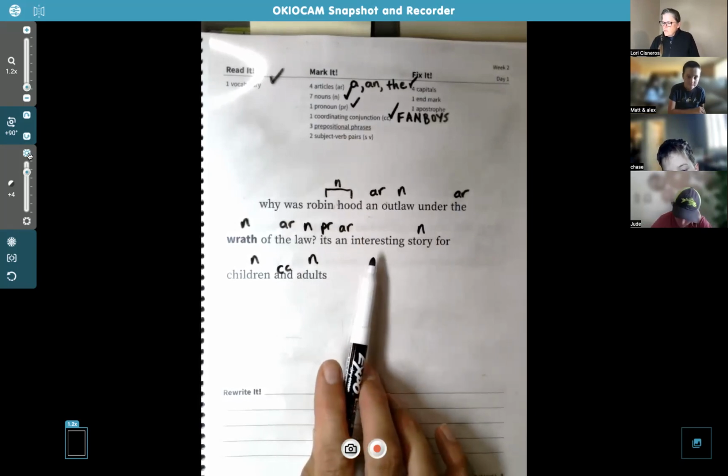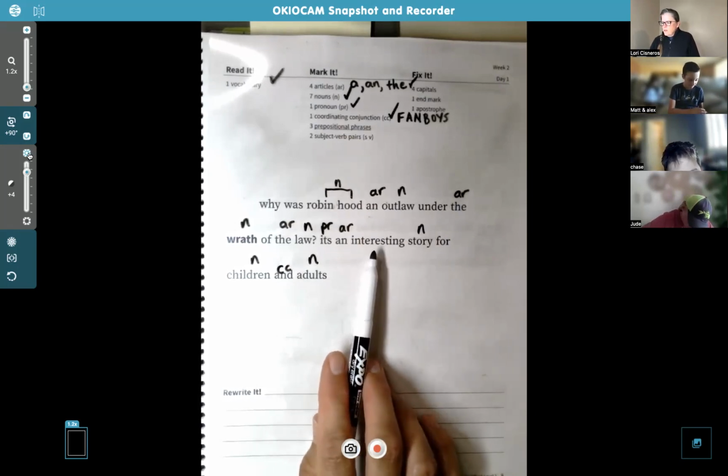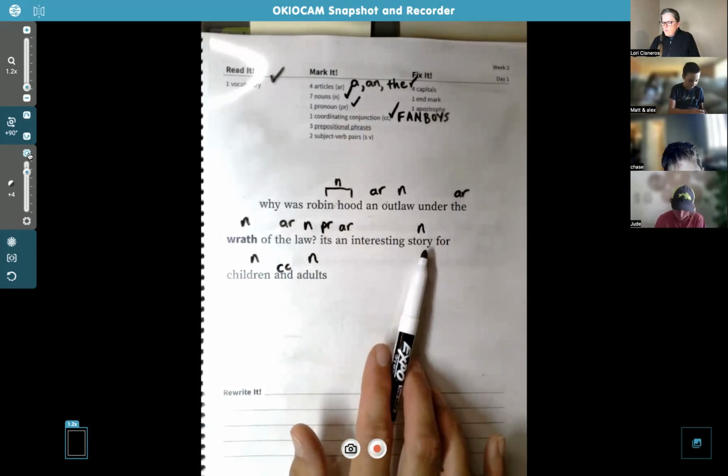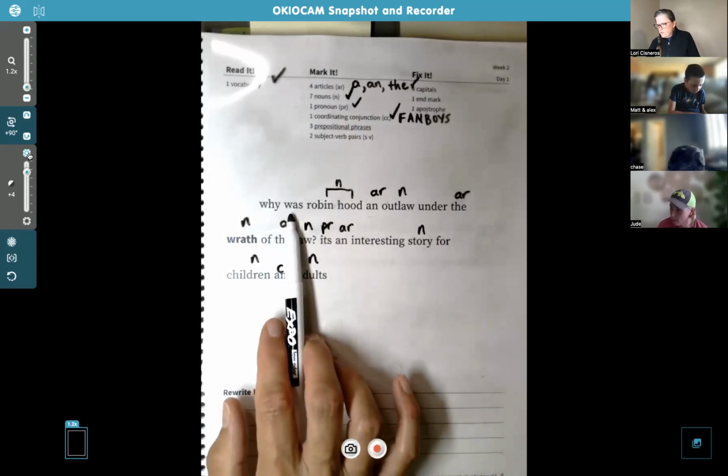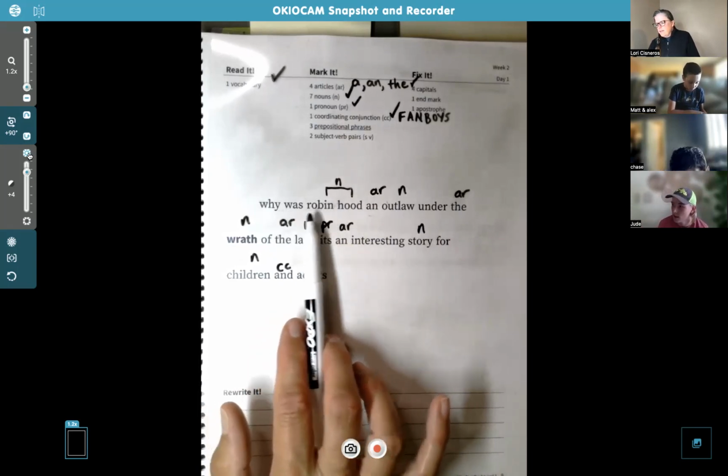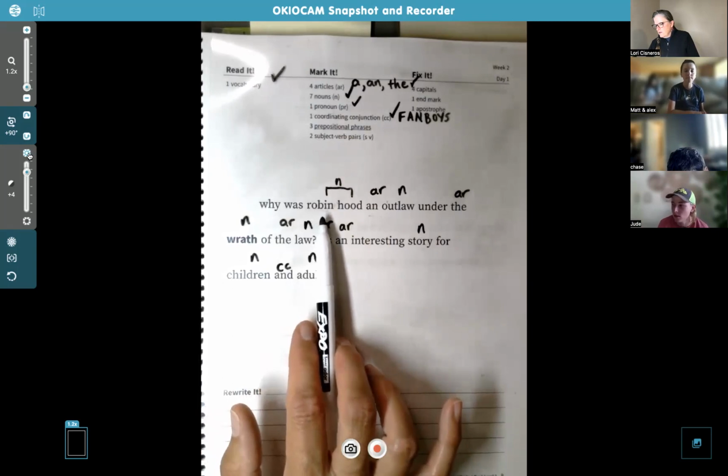And we see "interesting" here, but we know that's an adjective describing the story, so it's not going to be that. "Was" is a linking verb here.